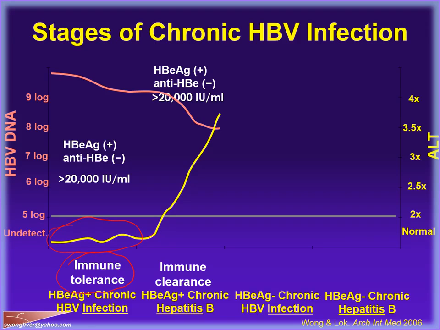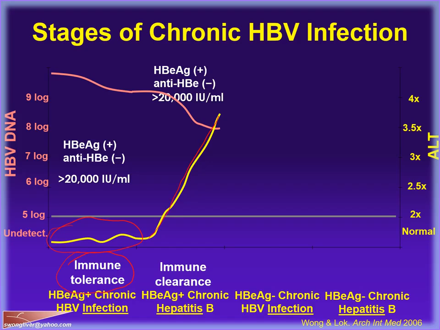So your ALT increases because there's immune system destruction of your hepatocytes. In this phase, what we call nowadays HBe antigen positive chronic hepatitis, your HBe antigen remains positive and your DNA may remain at very, very high levels, but the main difference between these two phases is that your ALT is increased in the immune clearance phase.